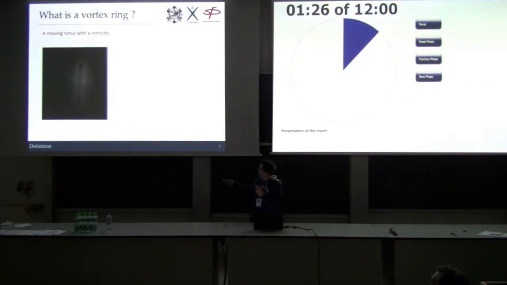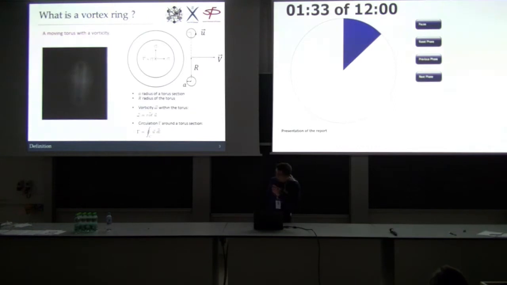It is a moving torus with a vorticity, like that we have on the photograph. So, we have a torus with a section radius a and a big radius R. There is a vorticity omega within the torus.